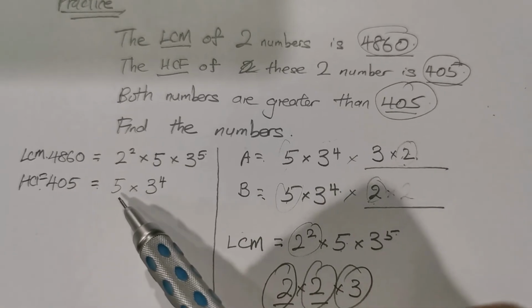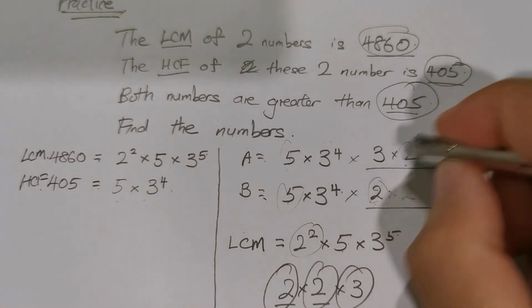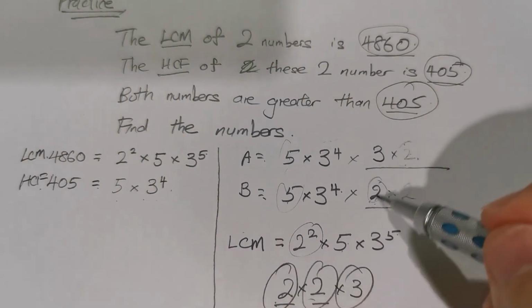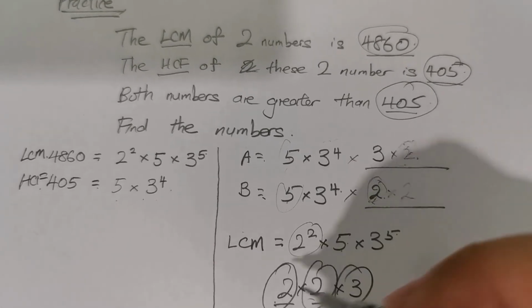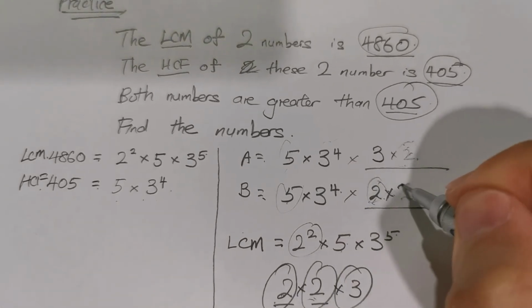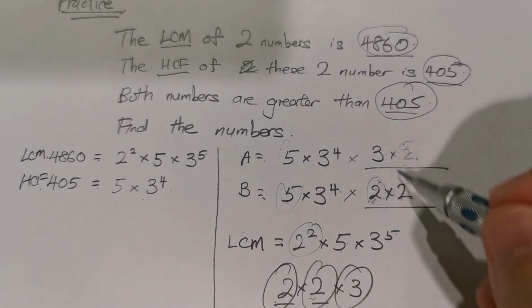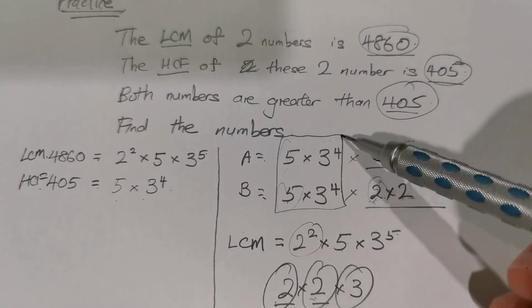But our HCF is only 5 times 3 to the power of 4. So this 2 cannot be on different numbers, because if you're on different numbers, you will have to circle both of them. So this 2 must be together on one side. If they are together on one side, there's no way you can circle. The HCF will still remain as this one.